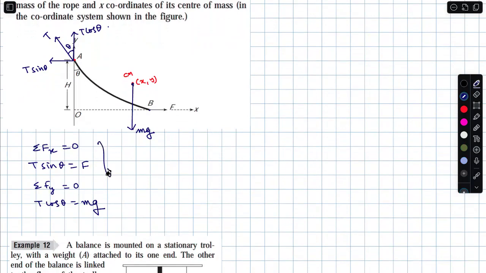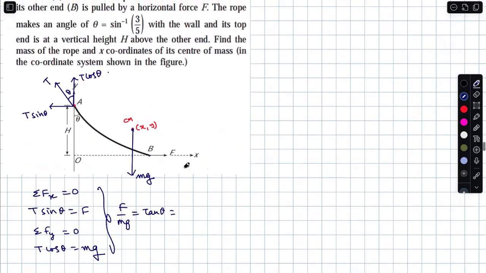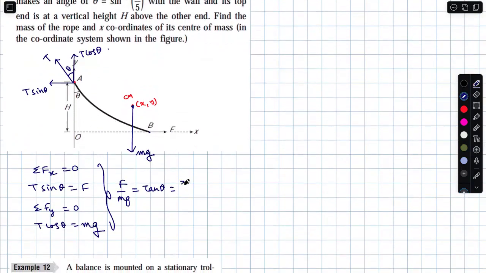With these 2 equations I can say that F by mg is tan theta, and on the basis of the given data it is 3 by 4. So wherever I have mg, I can write that as 4F by 3. I think there is no confusion in this, and these are elementary stuff again. Till now I didn't go into the problem.